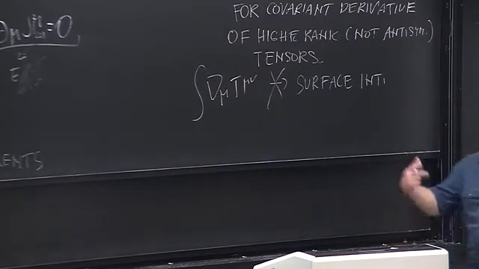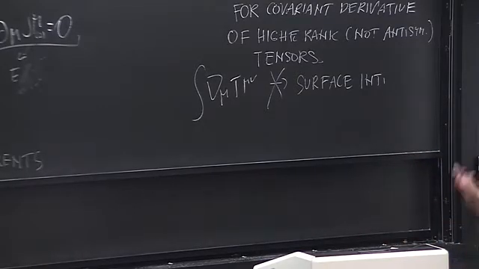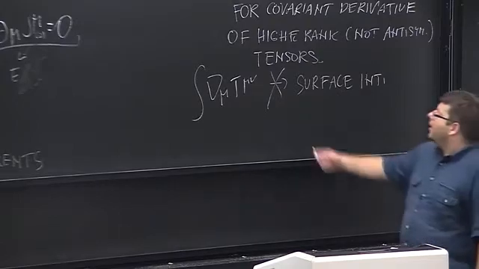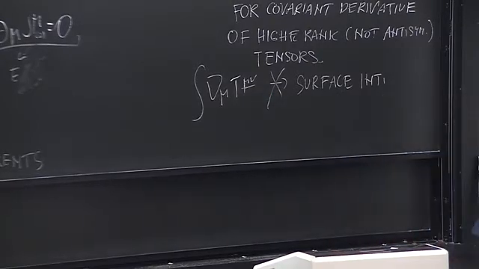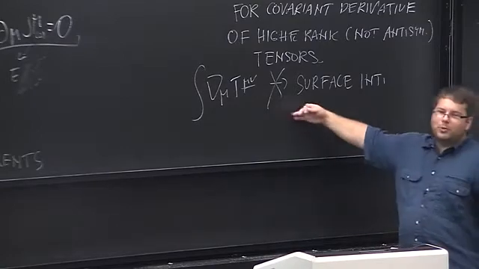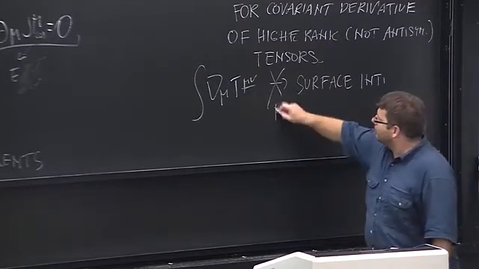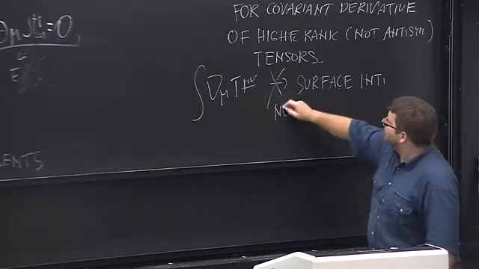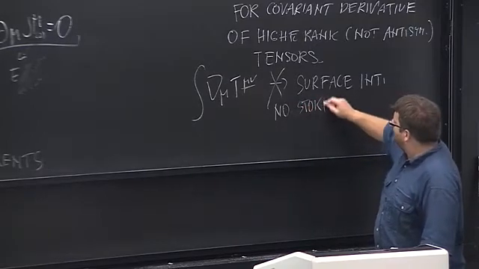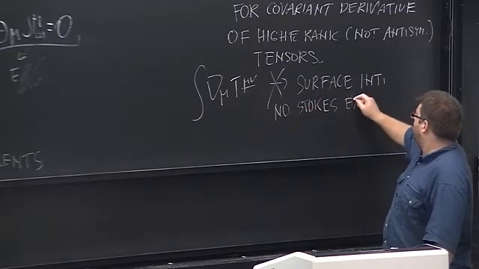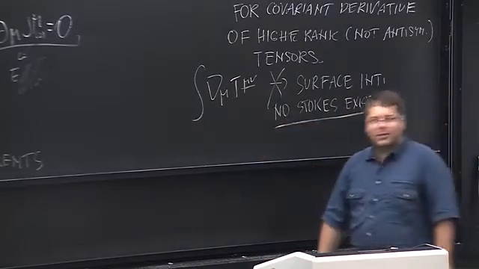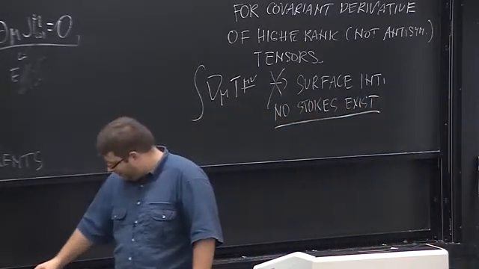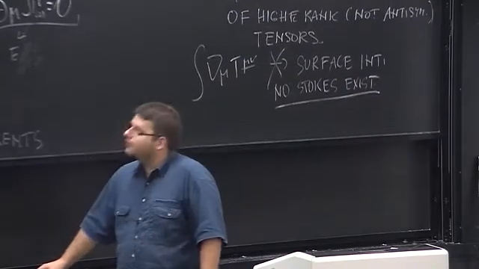And the reason is the Christoffel symbols. The Christoffel symbols screw things up. And this is true for a symmetric tensor. Our T^mu nu is symmetric, and so there is no corresponding Stokes. No Stokes exists. It's not that people didn't find it, it simply doesn't exist. You can show that it doesn't.